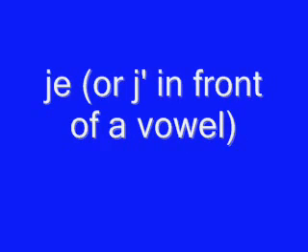Je can also sometimes be written J apostrophe. So don't be surprised if you see J apostrophe instead of je, simply because J apostrophe happens whenever the verb following je begins with a vowel, and there are many verbs like that in French.